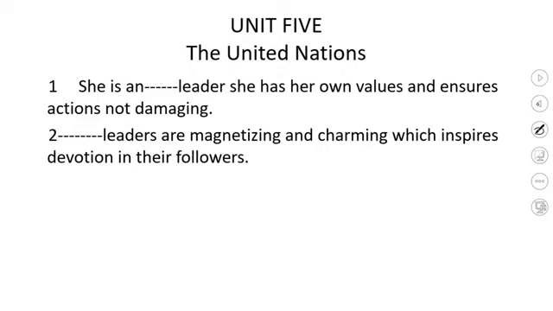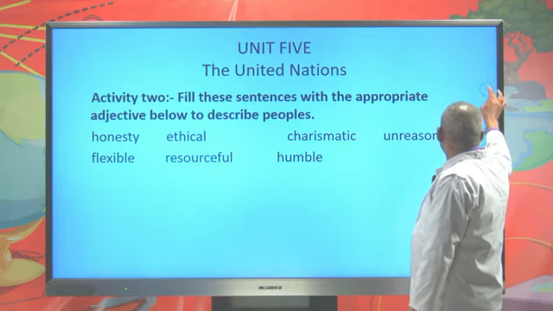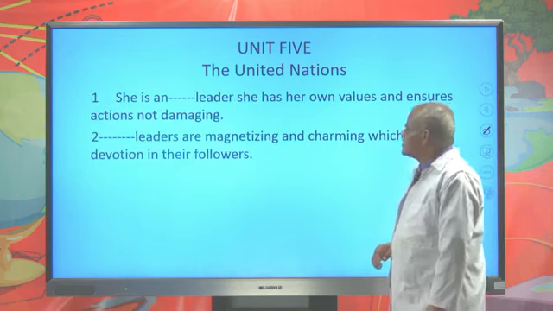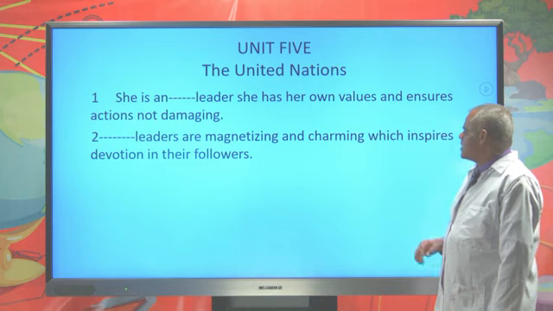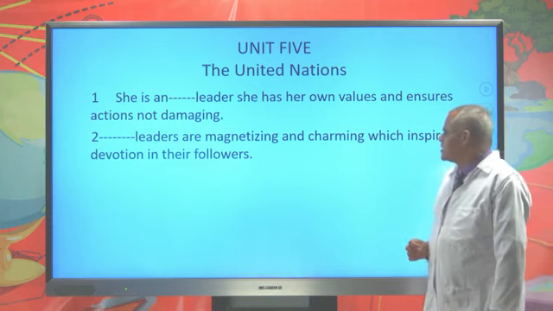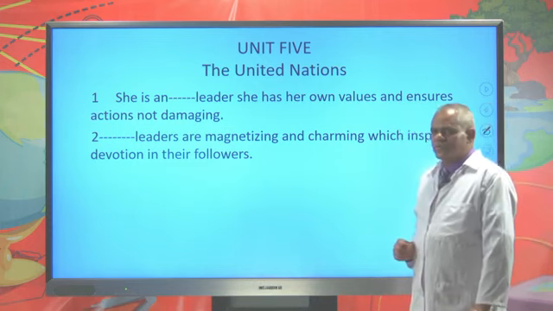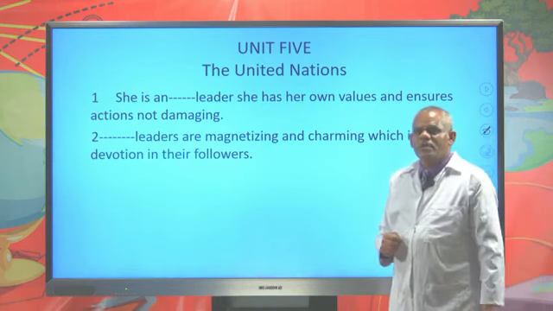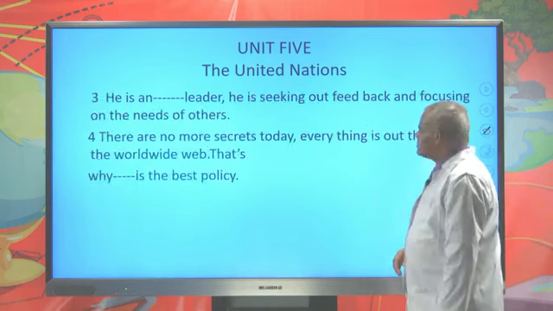Thank you so much. Now, let's go to the first one. In the first sentence, what is that? You see, charismatic leaders are magnetizing and charming, which inspires devotion in their followers. She has her own values and ensures actions, not damaging.